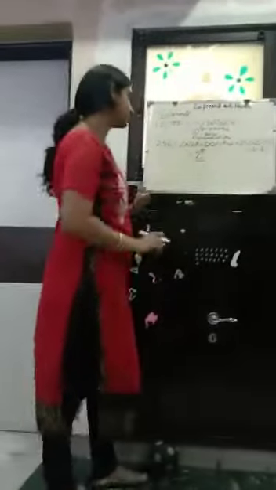So how many 2's are there? Let's count: 1, 2, 3, 4, 5, 6, 7, 8. Eight 2's. So it can be written as 2 raised to power 8. This is the exponential form of this number.